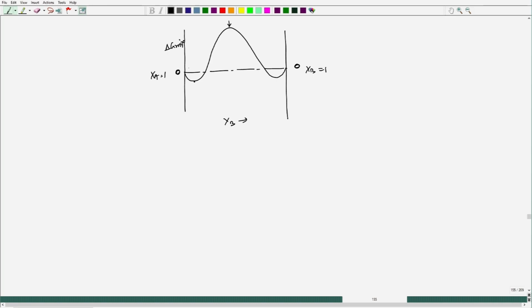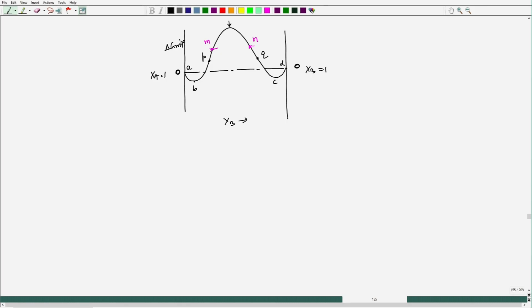We have seen there are 4 points A, B, C, D, and then there are 2 inflection points. Let us say inflection points are M and N, and we are taking a composition in between B and the inflection point. Let us say this is P and this is Q.